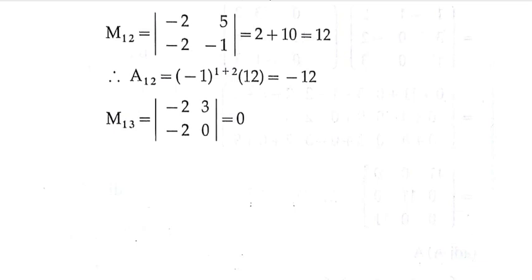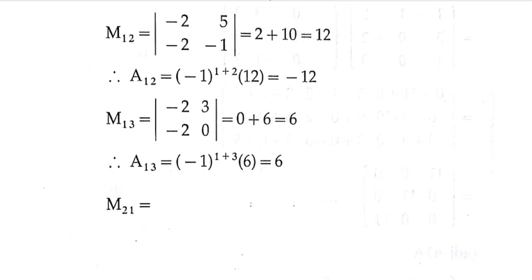But minus of minus 6 is plus 6, and 0 plus 6 is plus 6. The cofactor A13 is minus 1 raised to 1 plus 3 into 6, which is equal to 6. Here the sign is plus, because 1 plus 3 is equal to 4 and minus 1 raised to 4 is plus 1. And plus 1 into plus 6 results in plus 6.